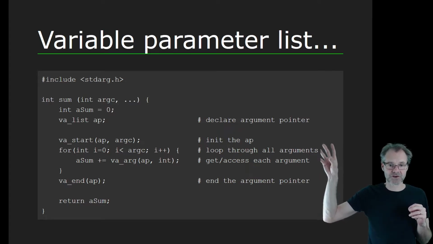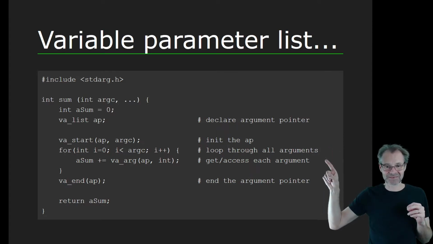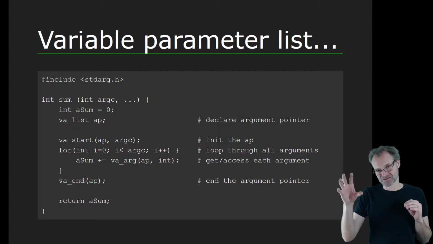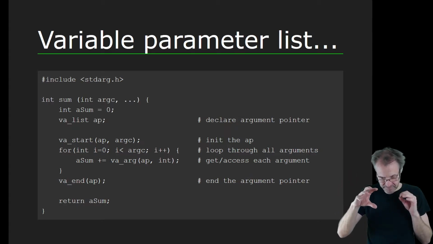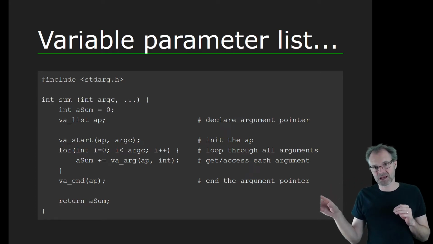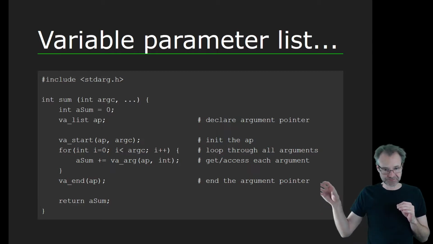I declare it first, and then I initiate the argument pointer up there. Then I use my loop, since argc, the first defined variable, I know is 5 because I sent it in, and that should contain how many numbers I must sum.